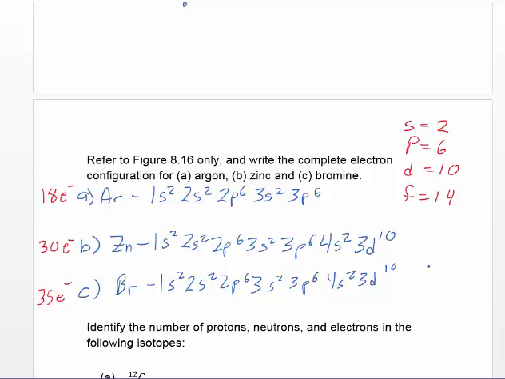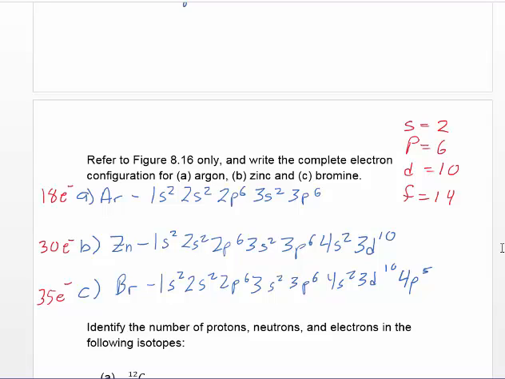Well, the next thing that we'll fill is the 4p level. Now 4p will hold 6 electrons. However, we only need 5 of them, so it would be 4p5 that we need to actually complete this. So that would give us 35 electrons, which is exactly how many bromine should have.